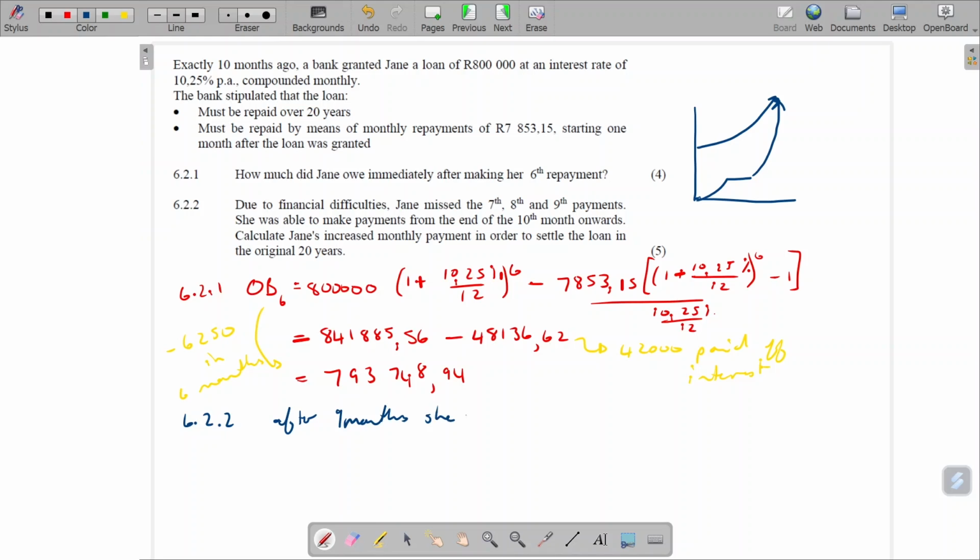what will she owe? Well, again, it's a single thing, so it's going to grow according to one of the A formulas. So A equals 793,748.94 times 1 plus 10.25% over 12 to the power of 3.